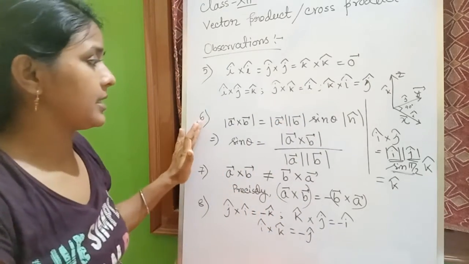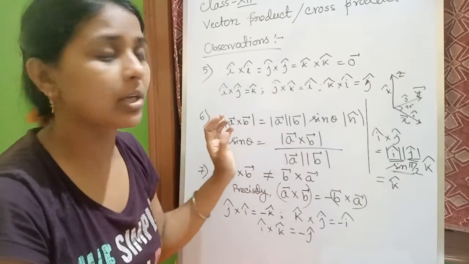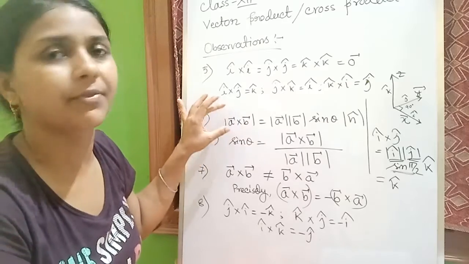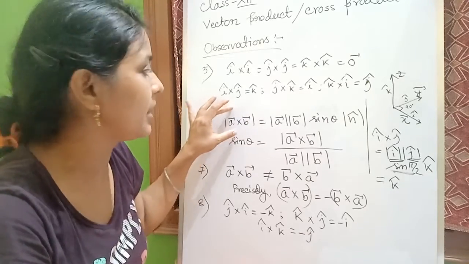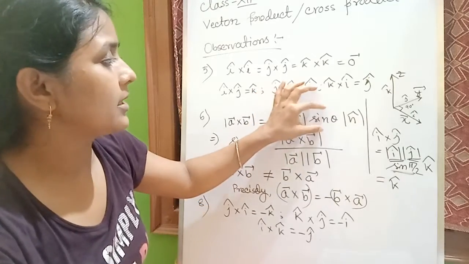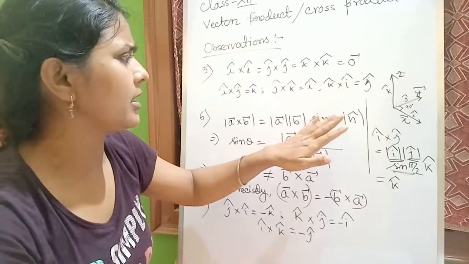Then number 6, if we take modulus of both sides in the definition, then we get the left hand side as modulus of a cross b equals mod a into mod b into sine theta. You can take sine theta also in modulus, I haven't written it.